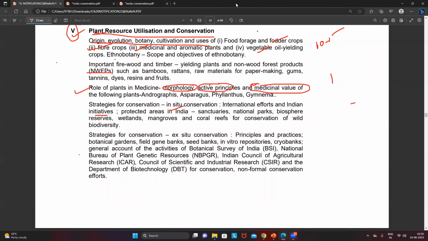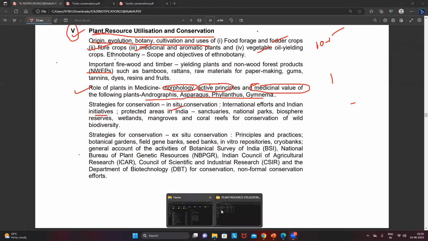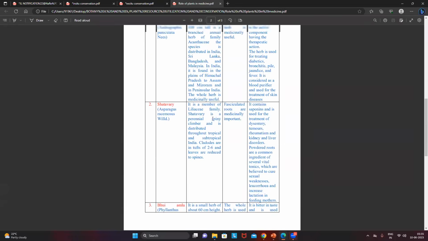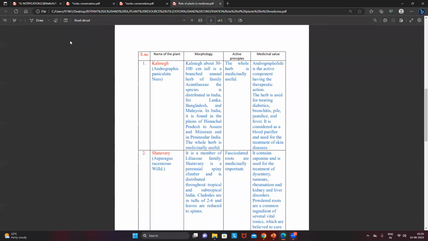Your luck is that they have not mentioned all plants. They have clearly mentioned only these 4 plants. So what you have to do? When you download the study material, I have made a simple table based on the questions asked.